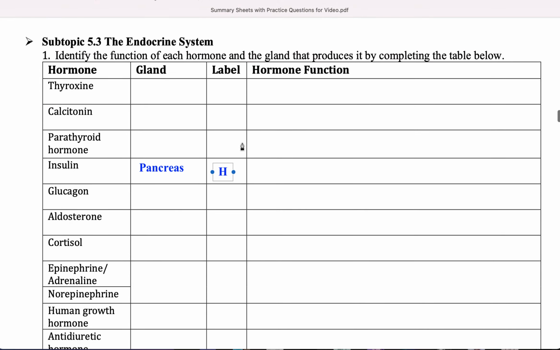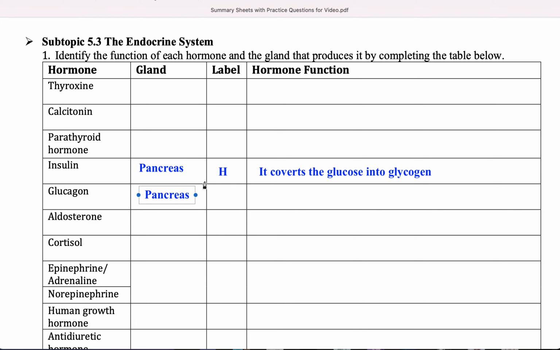And now hormone function. So we have discussed that it converts the glucose into glycogen. So that's all, okay. So this is how you work over here. So glucagon is also released by the pancreas.